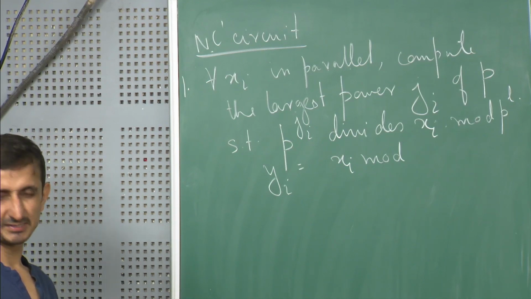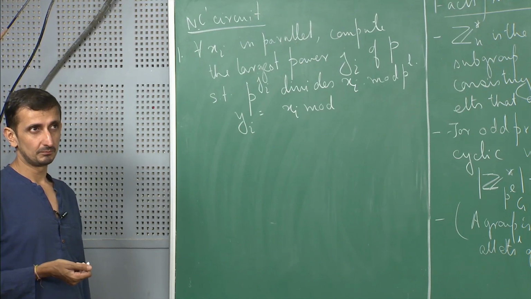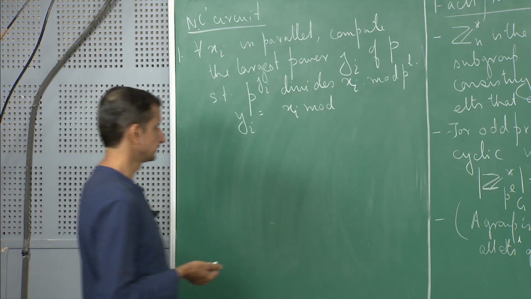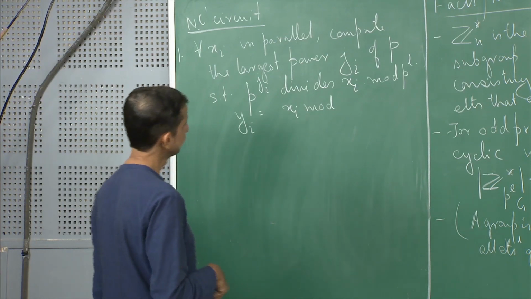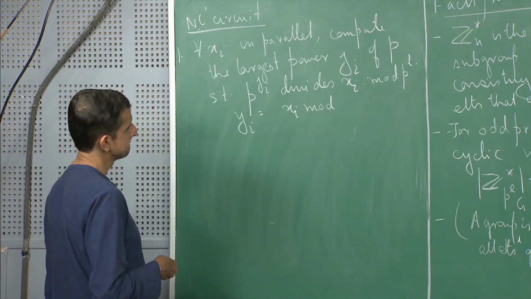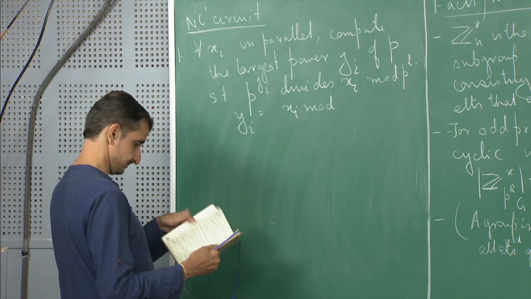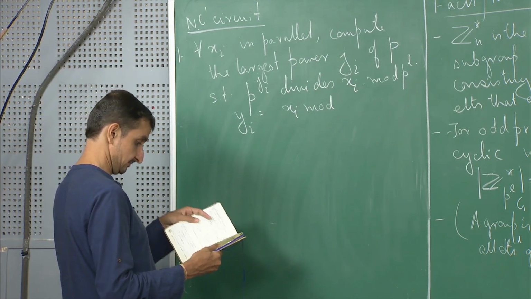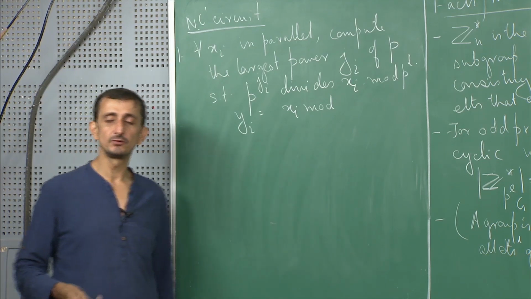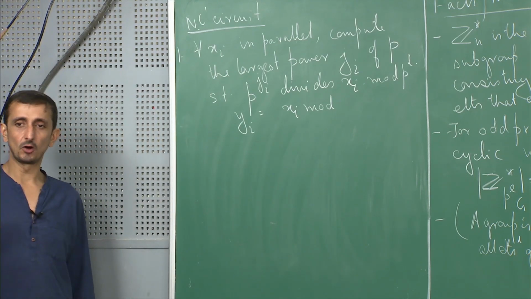You can just divide it and calculate. The prime power is less than n, so that is why you can actually factor it in log n steps.